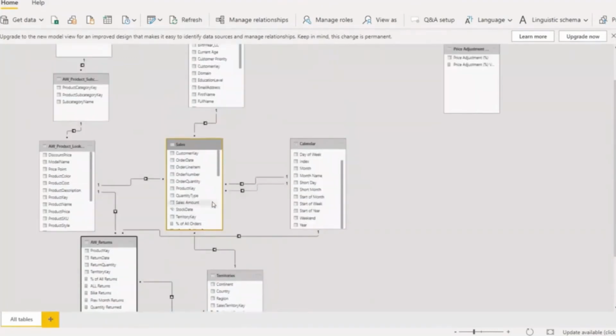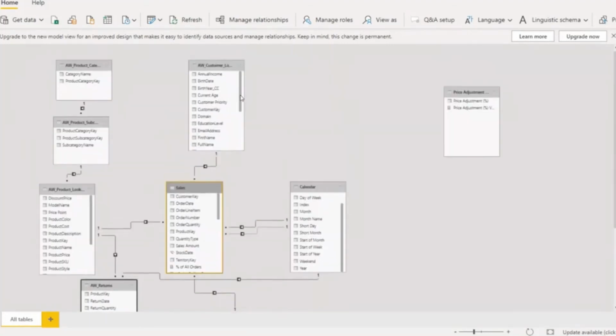They contain the details about the data in fact tables. It can be products, locations, employees, customers, and order types. These tables are connected to the fact table through key columns. What are these key columns? The customer key, and here we have the customer master table, with every detail about the customer.